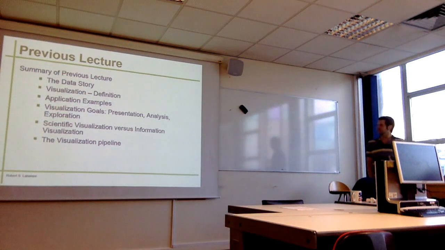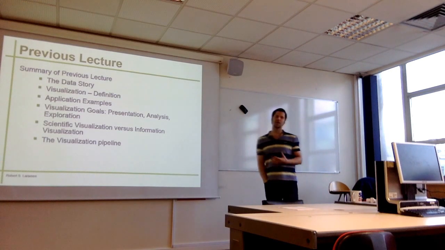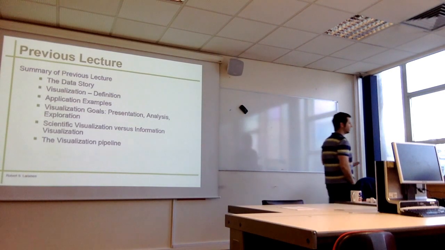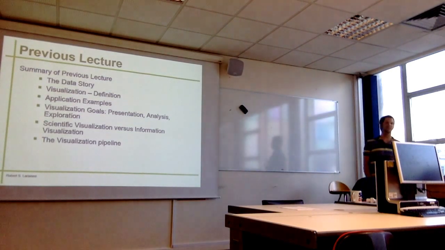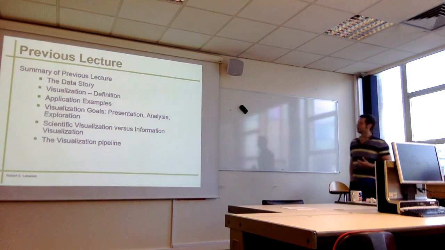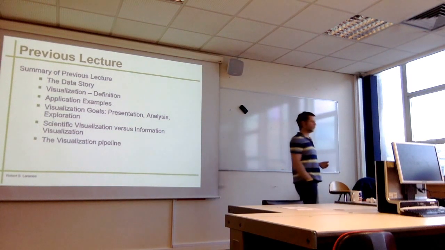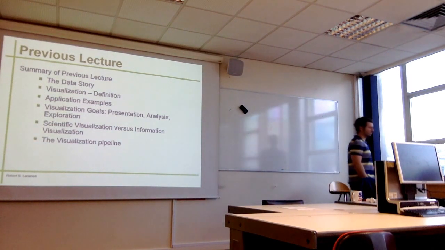So we talked in the first lecture about the data space story. We talked about what visualization is. We looked at some examples of visualization. We looked at the goals of visualization: presentation, analysis, exploration, and acceleration.